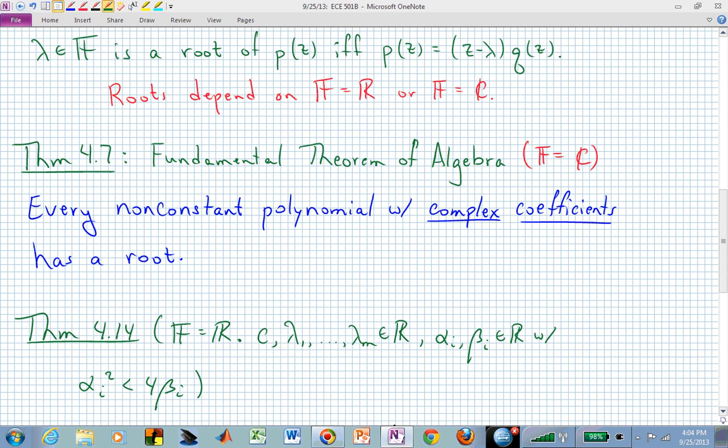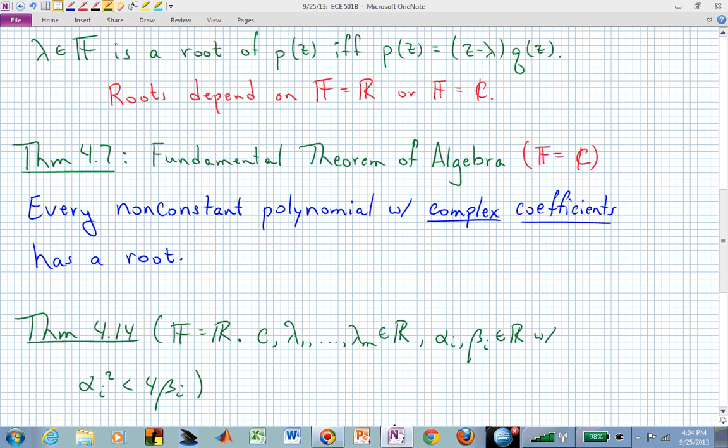Every non-constant polynomial with complex coefficients has a root, and that's key. But the key is that we now have this field of numbers, or these scalars, coming from the complex plane.